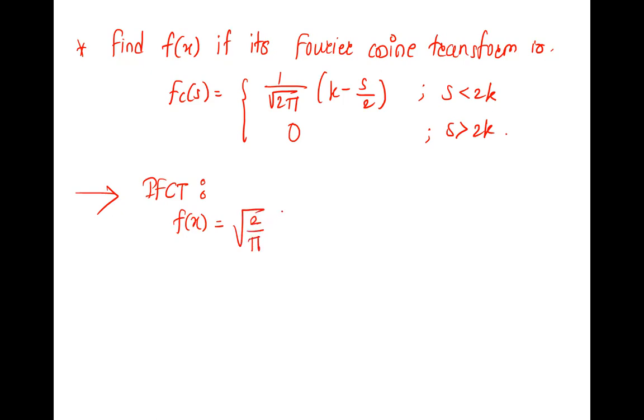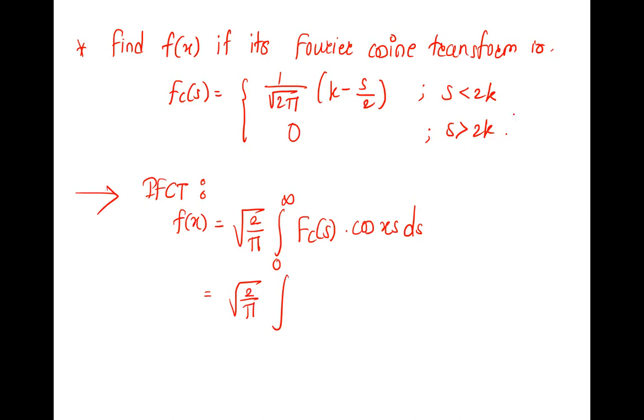Under root 2 by pi, integration 0 to infinity, FCS into cos xs, cos sx ds. Correct. So now you have this value, just put it over root 2 by pi integration.